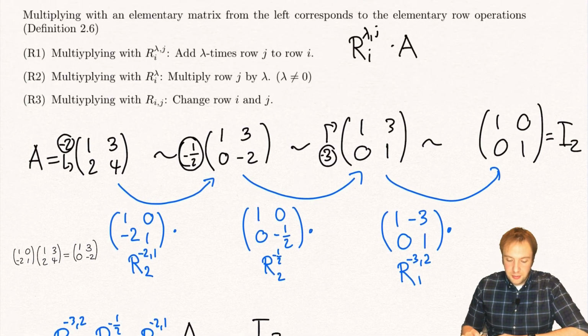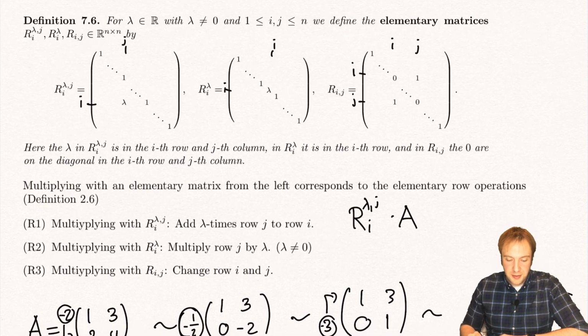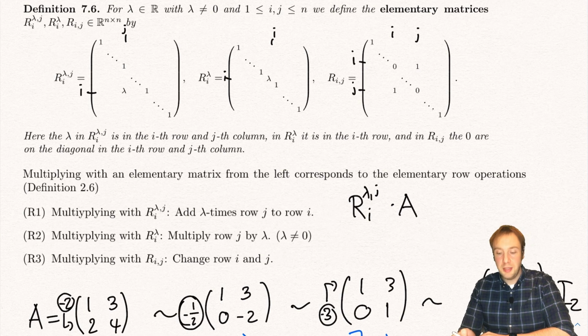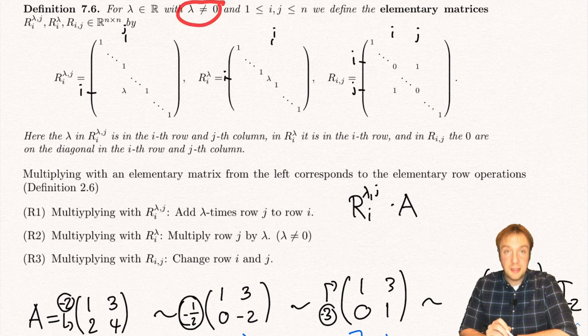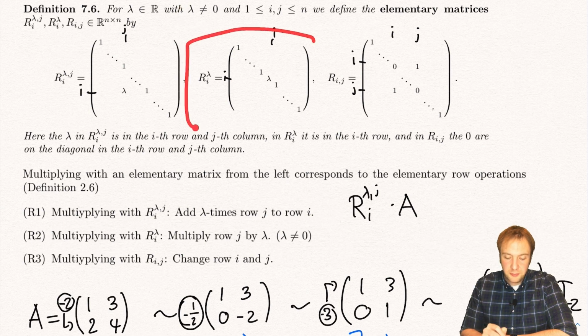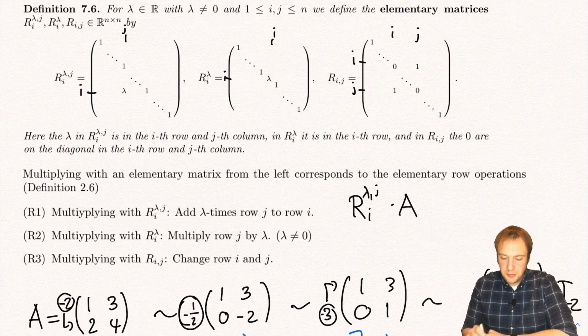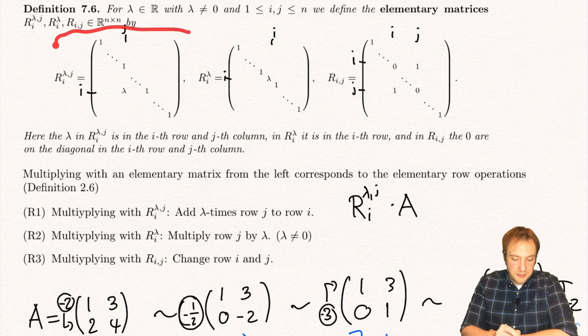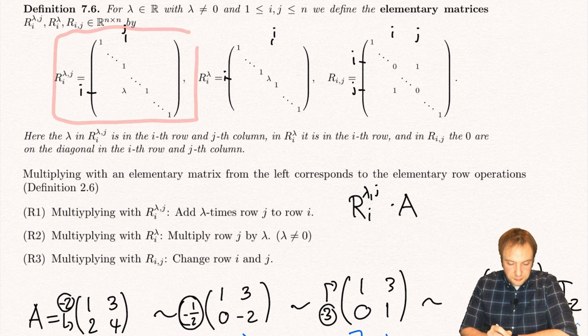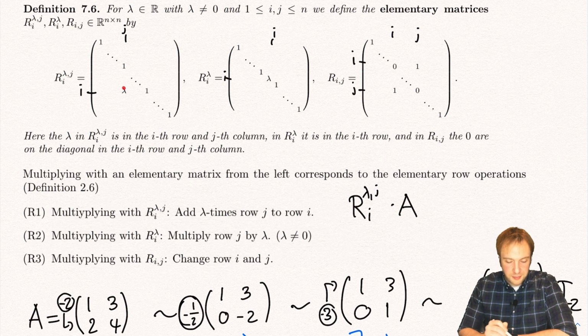And you also can check that these elementary matrices are all invertible, because this lambda is non-zero. So the inverse, for example, of this matrix would be the matrix where I have 1 over lambda in this position here. And here this matrix is its own inverse, and here this matrix is by having a minus lambda there.